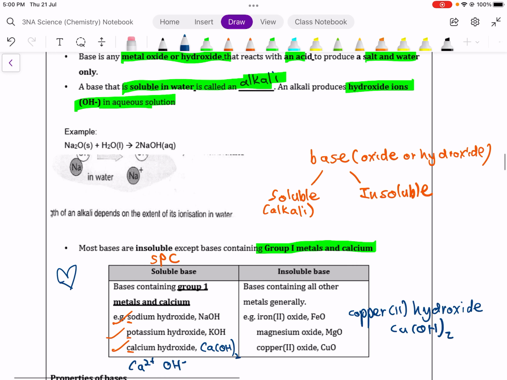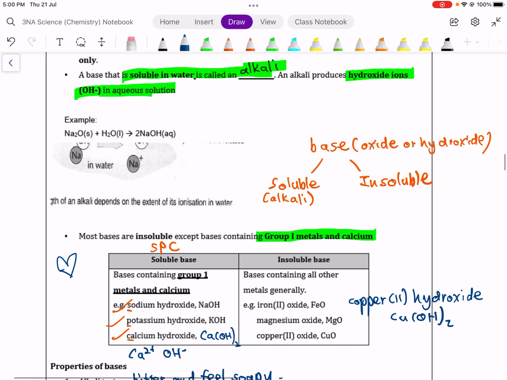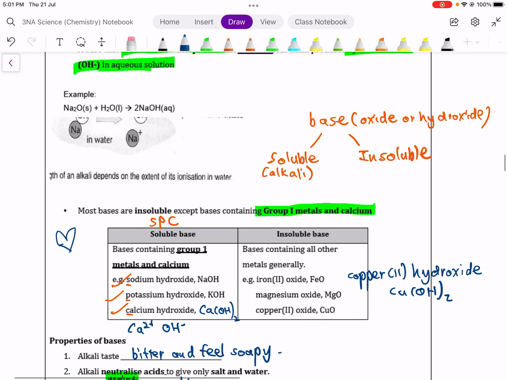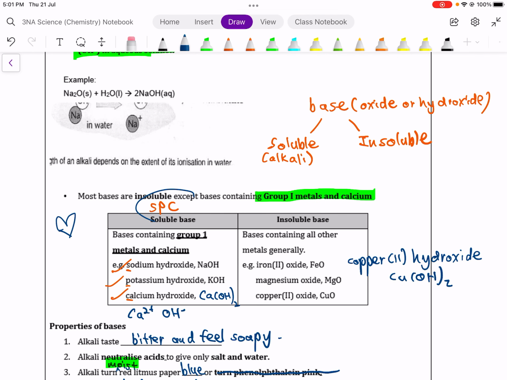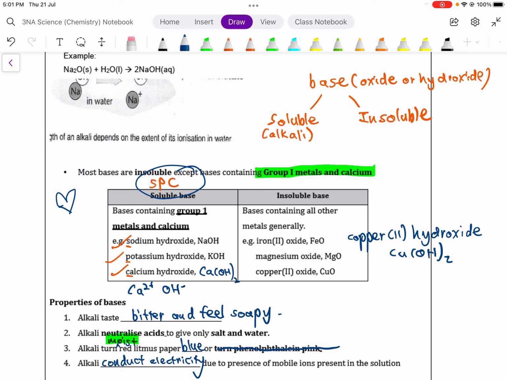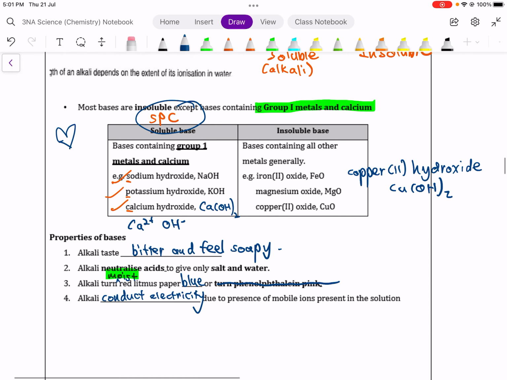For those soluble ones, we call them alkalis. There are only a few soluble ones if you base it on this table: SPC, sodium, potassium and calcium hydroxide. The rest of the metal oxides and hydroxides are considered insoluble, so you just call them base.